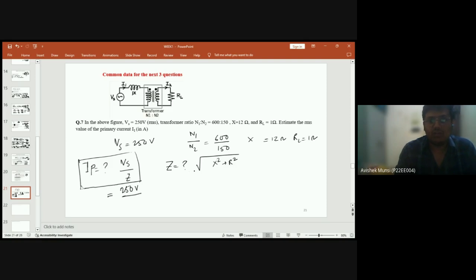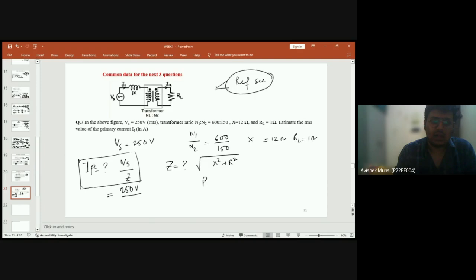But the trick is behind that. RL is given in the secondary side, so I have to convert it into the primary side. So basically we have to use the formula referring to secondary side. So the RL is given at secondary side, so use the formula referring to secondary side.